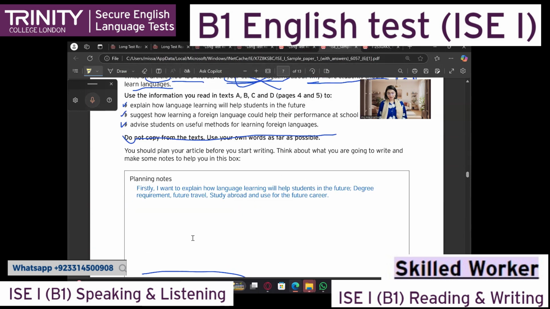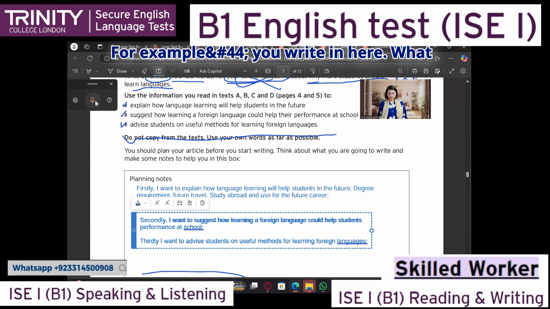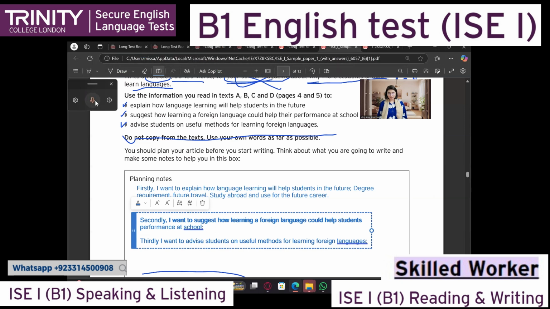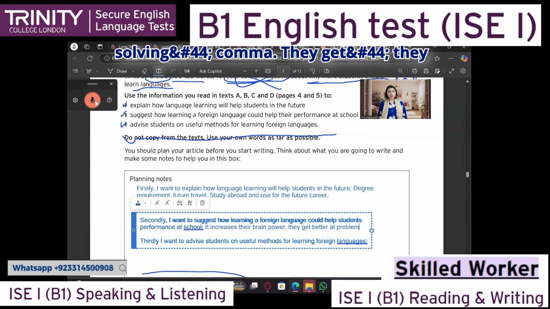For example, what would you write? It increases their brain power, comma. They get better at problem solving, comma.